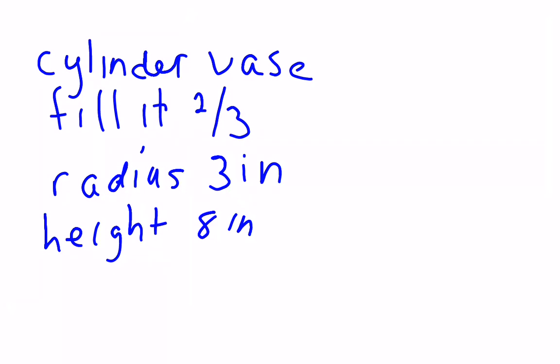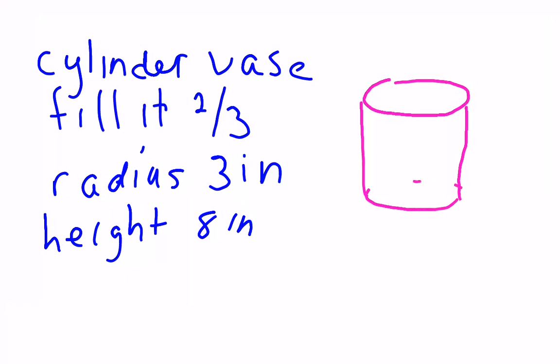Okay, so what we want to do here is we can always draw a picture if that helps. So a cylindrical vase means we're going to have something like this. And it's going to have, like we said, a radius.